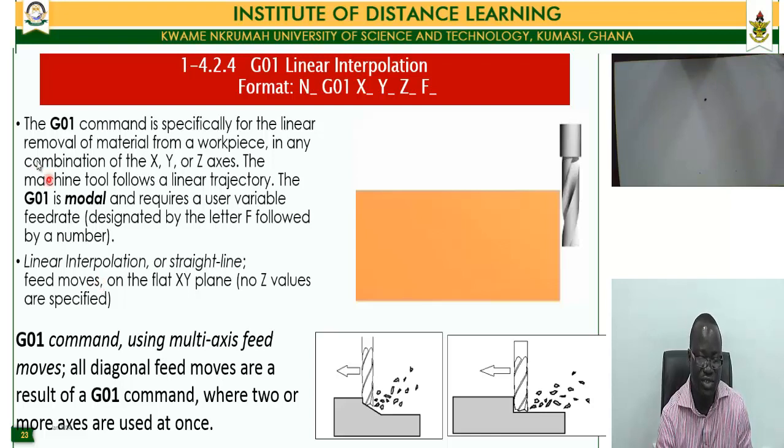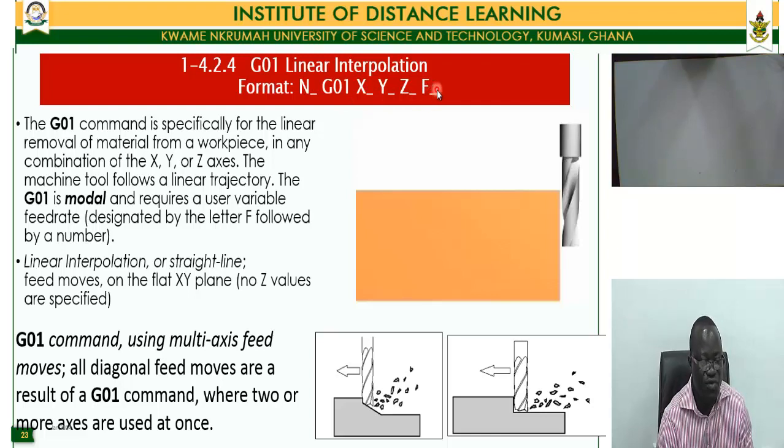In addition to that, you have the feed rate, characterized by the letter F, and the number that follows it states the feed in inches per minute. So that has to be taken note of.